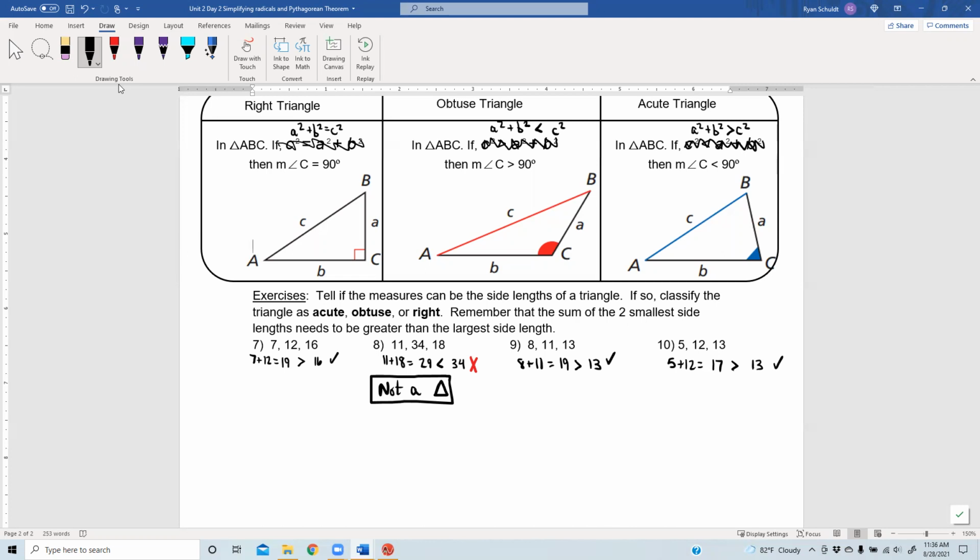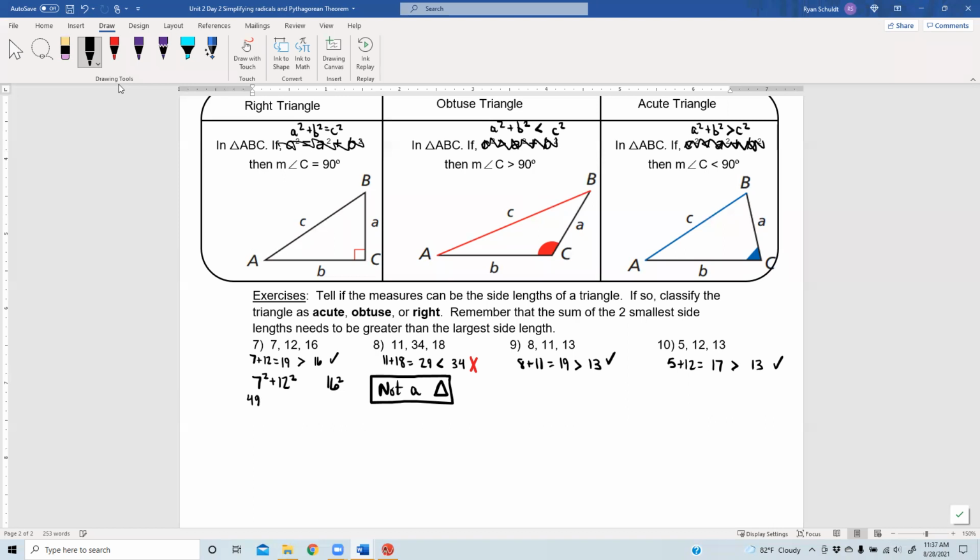So here's where you want to compare a squared plus b squared to c squared. So I'm going to do 7 squared plus 12 squared, leave a space and see how that compares to 16 squared. Well, let's see, 7 squared plus 12 squared.